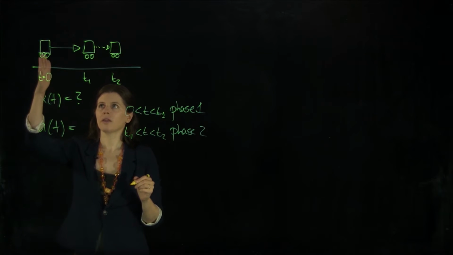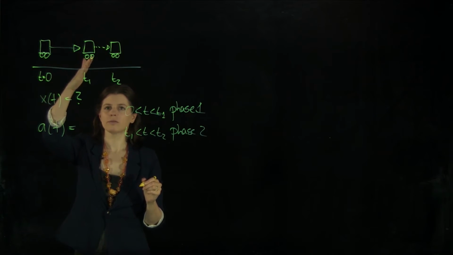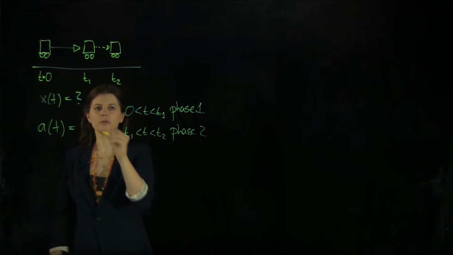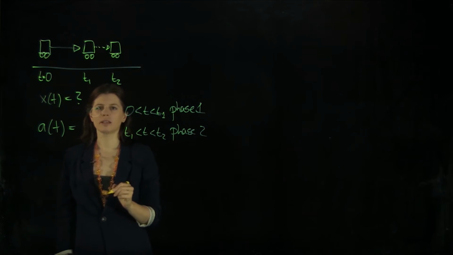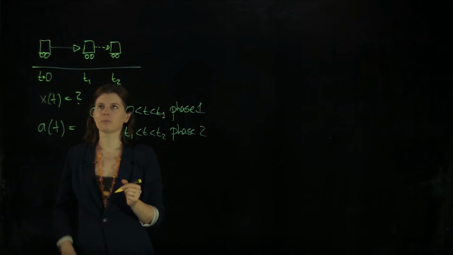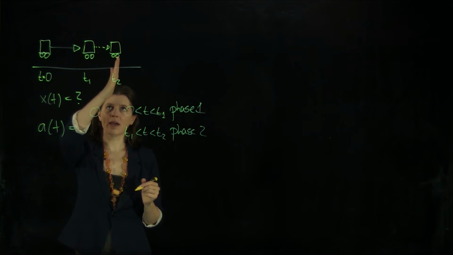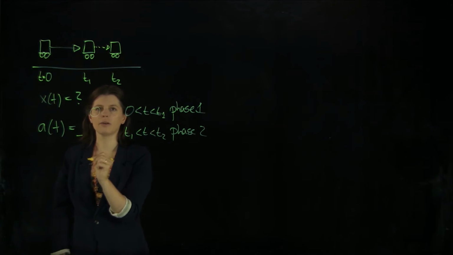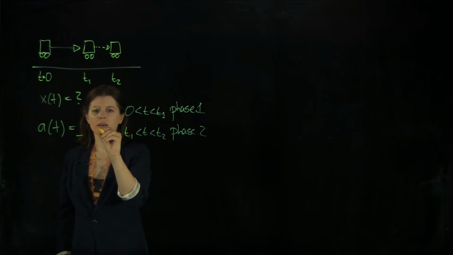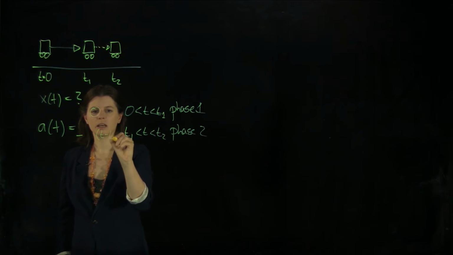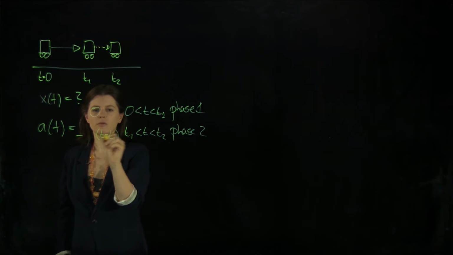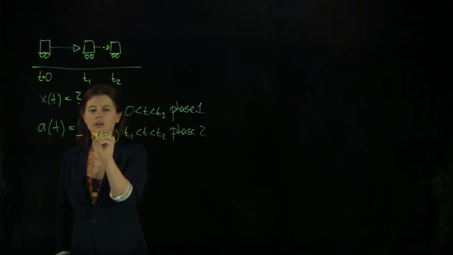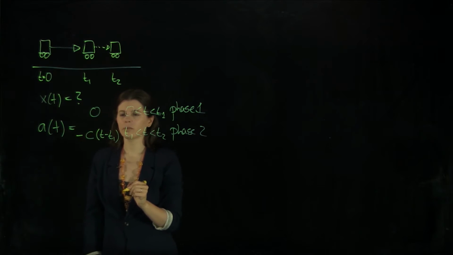And we know when a car is going with a constant velocity, its acceleration is going to be 0. So that keeps life easy for phase 1. And then when it brakes, well, we know it decelerates, so we're definitely going to have a minus sign. And it brakes between t1 and t2, and we need to multiply this factor here with a constant.